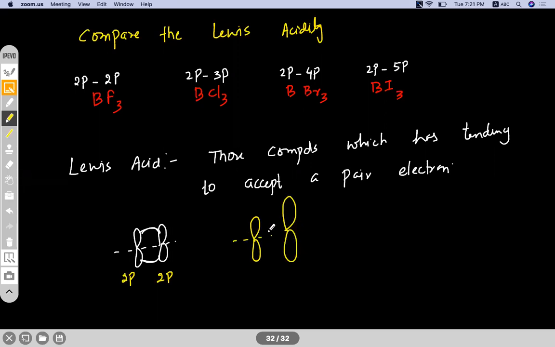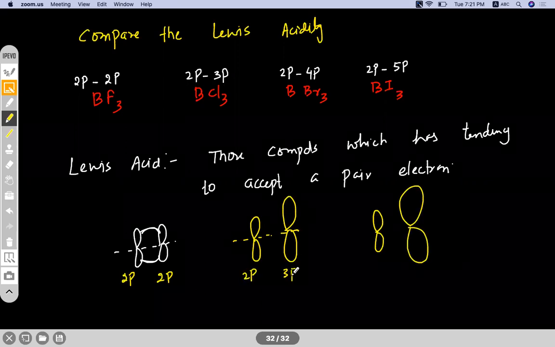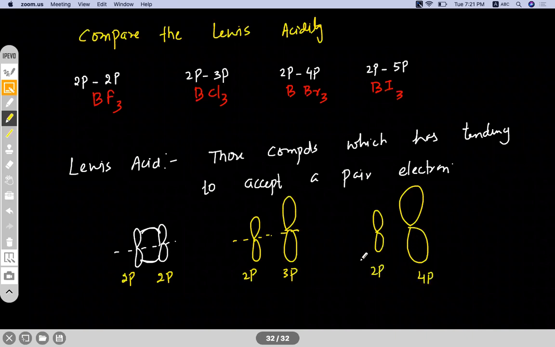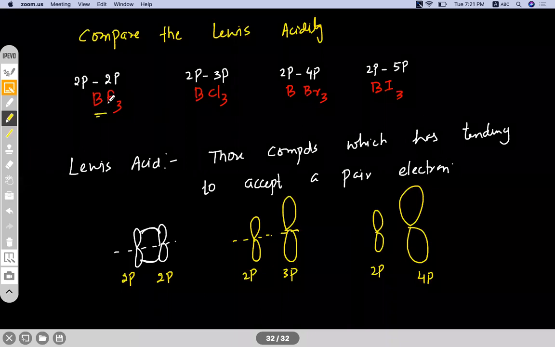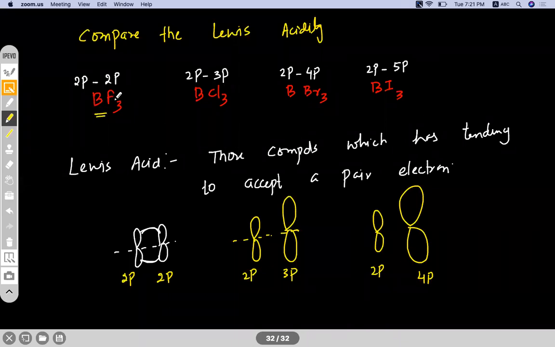So here the overlapping tendency is less because of the size difference. 2p-4p, again the size difference is large. So as the size difference increases, the overlapping tendency decreases. Hence, in the BF3 molecule, we have maximum tendency to overlap and form back bonding.